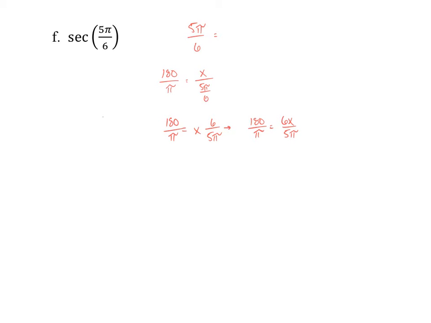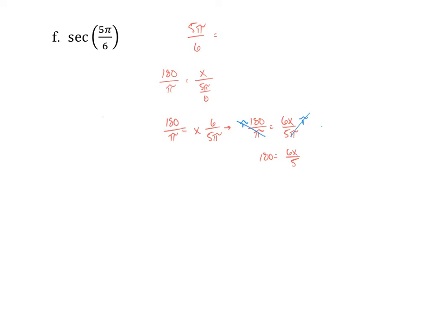Then I would multiply both sides by pi, and those would cancel, so that I end up with 180 equals 6x over 5. Then I would multiply both sides by 5, and finally I would divide both sides by 180.